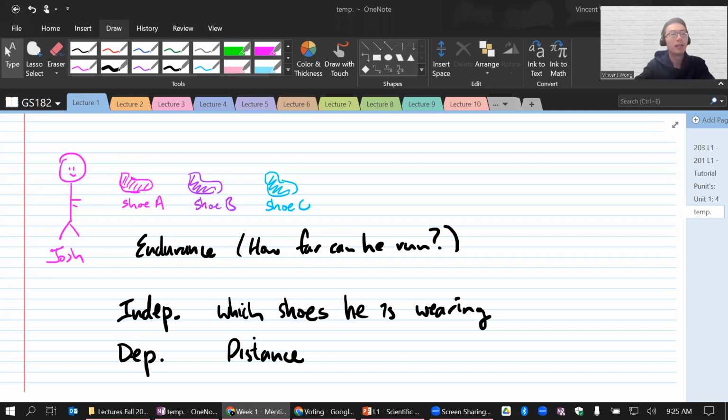Okay, so one example is this, right? What he's gonna do is this. He wears the first pair of shoes, and then he runs. Let's say he runs 6 kilometers. Okay, and then on another day he wears the second pair of shoes, shoe B, and then he runs. He only runs 5 kilometers, right? So is shoe A better than shoe B?